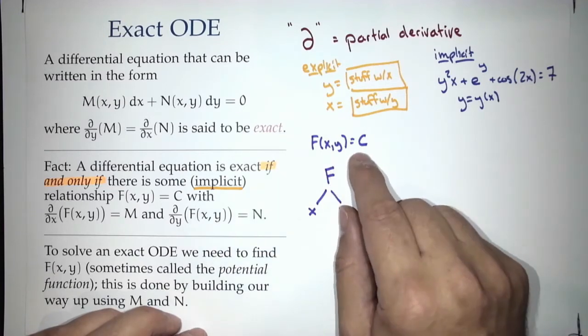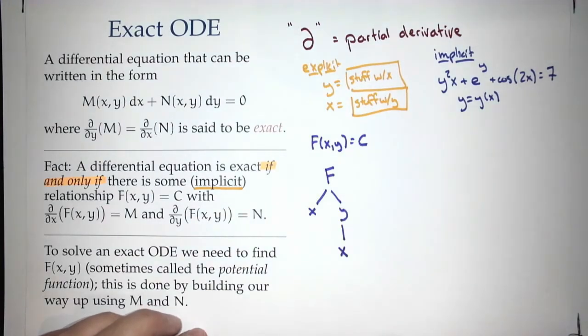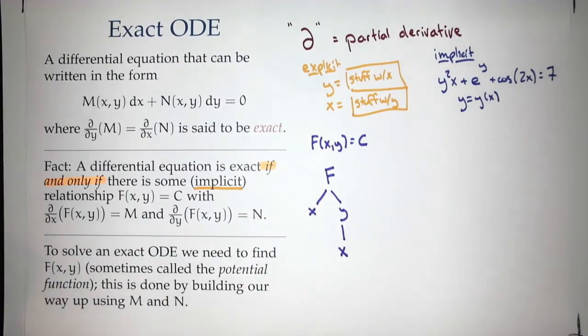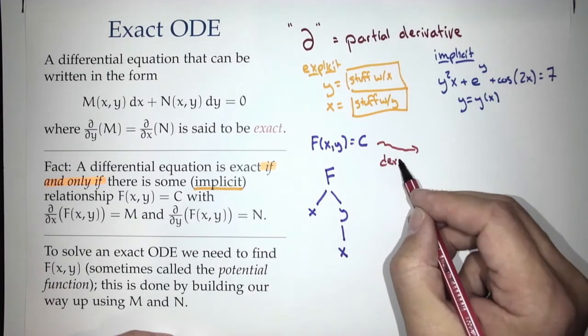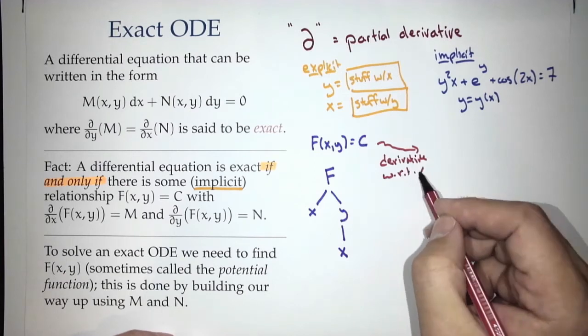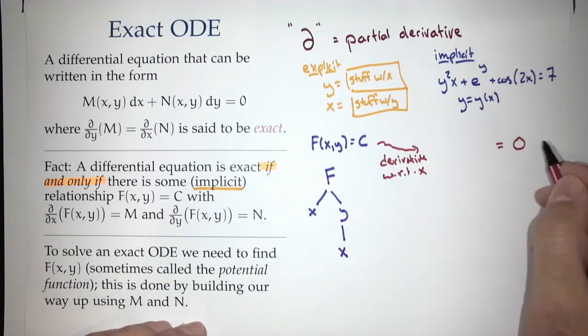Okay, so people seem to want to take the derivative of the right-hand side. So we're taking the derivative with respect to x. What do you get? Yeah, you get 0. It's a constant. Okay, so we have made progress. Taking the derivative with respect to x, the right-hand side is 0.